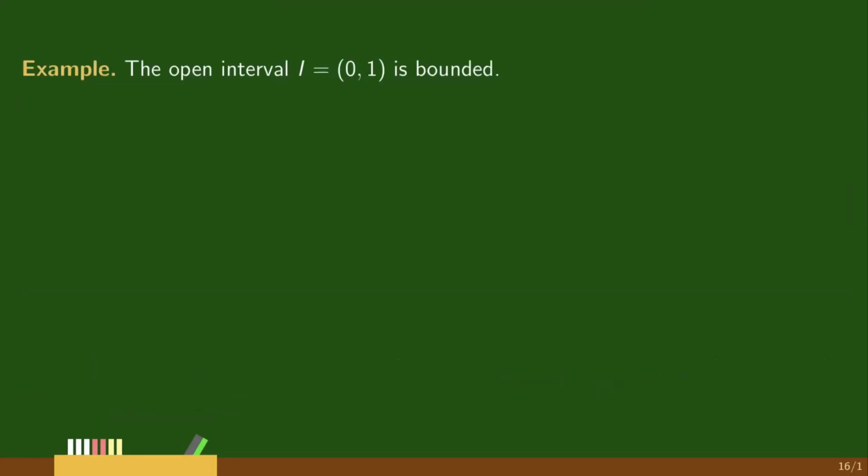For example, you know that the open interval from 0 to 1 is a bounded set. Why is that so? Because when you imagine the open interval from 0 to 1, this is what it looks like: negative 1, 0, 1.